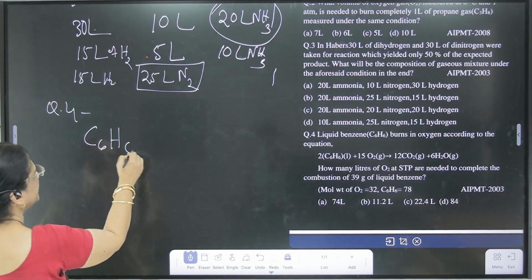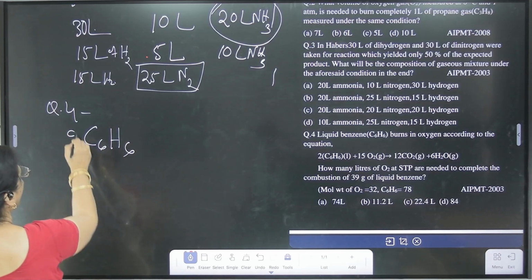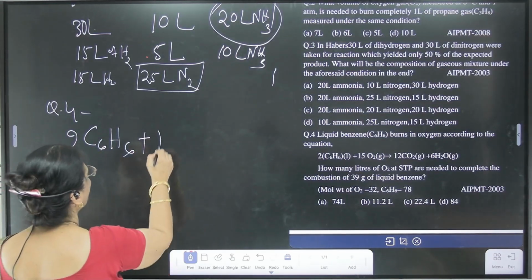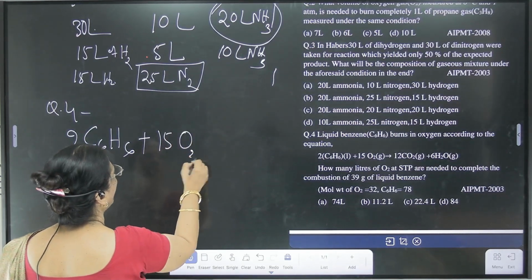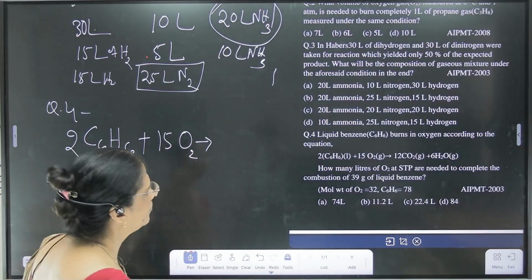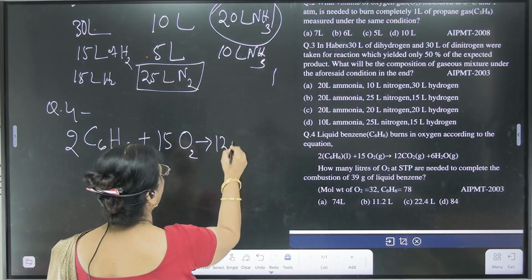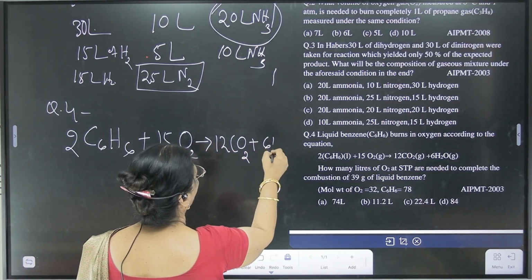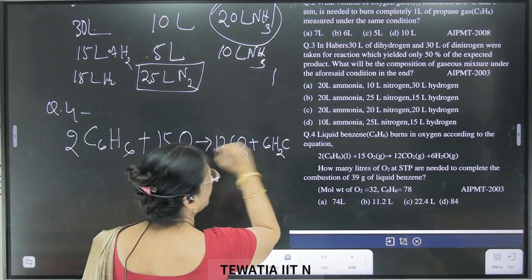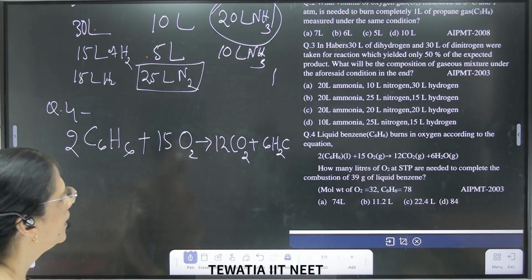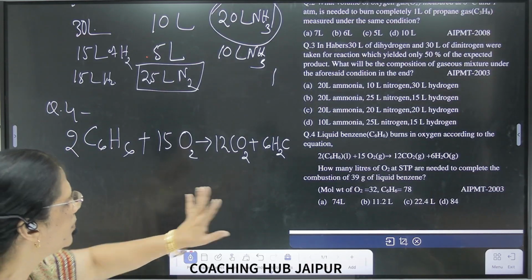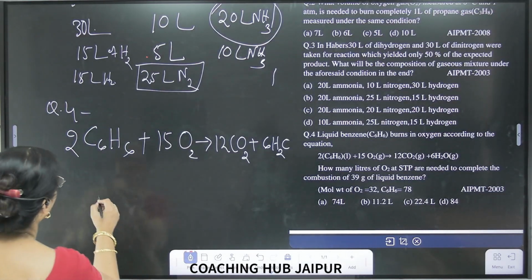C6H6, that is benzene. It is given in the equation itself. 2 mole of benzene reacts with 15 mole of oxygen to give 12 mole of carbon dioxide and 6 mole of water. Okay. Now it is given, for the complete combustion of 39 gram of liquid benzene.